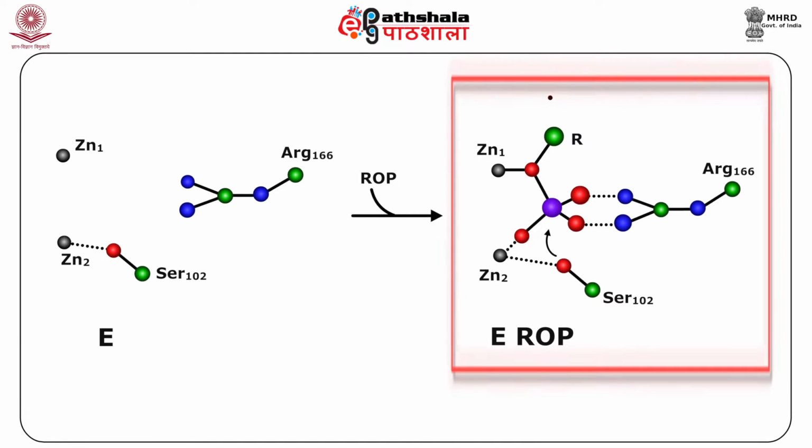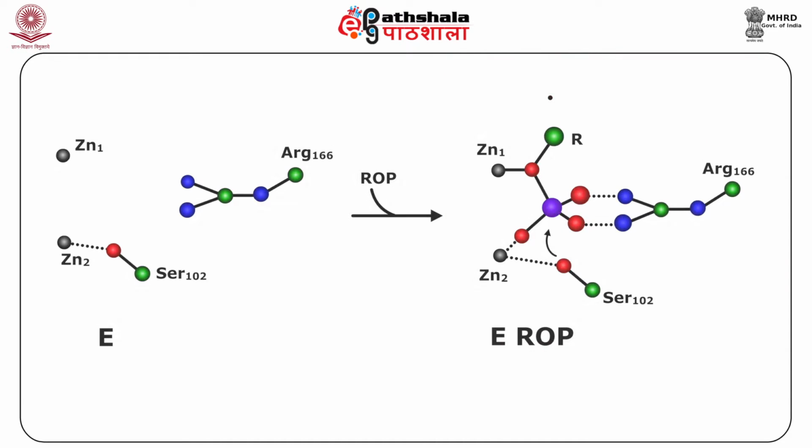In this complex, the ester oxygen is coordinated to zinc 1, a second phosphate oxygen is coordinated to zinc 2, and the remaining phosphate oxygens interact with the guanidinium group of arginine 166 by hydrogen bonds.